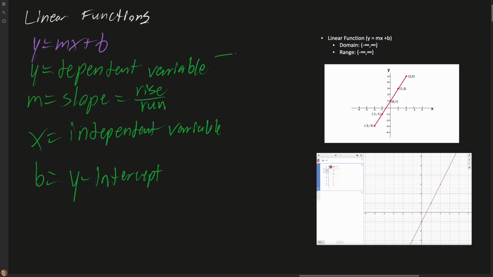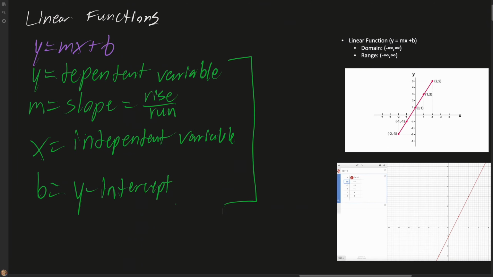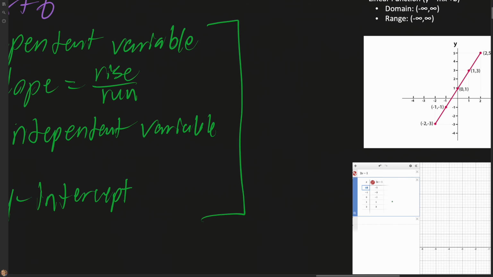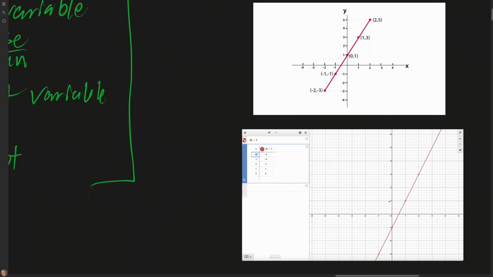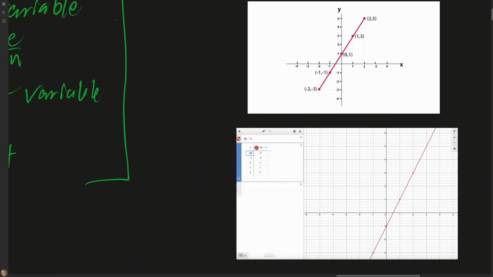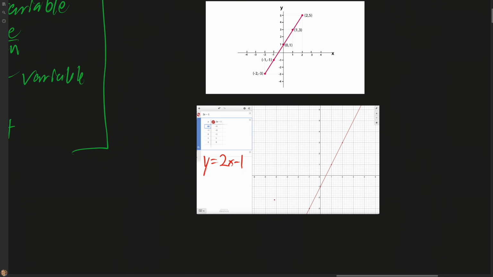So, breaking down what we have over here, if we were to pinpoint a given example, let's just say, for instance, we have an equation of y is going to be equal to 2x minus 1.